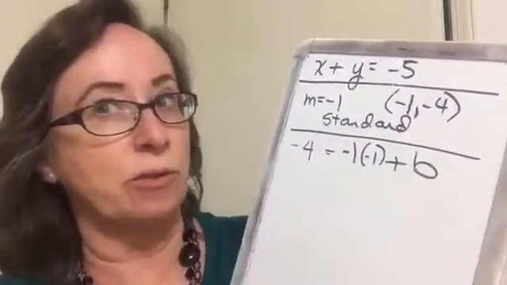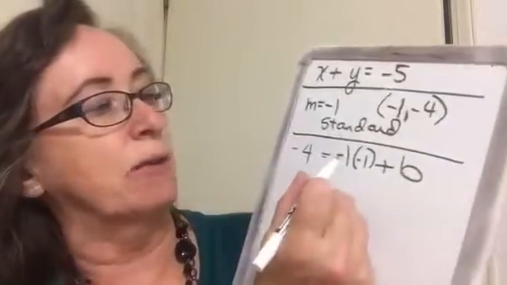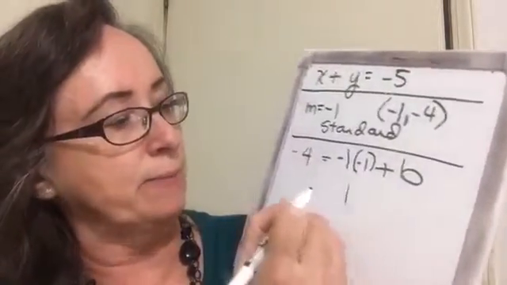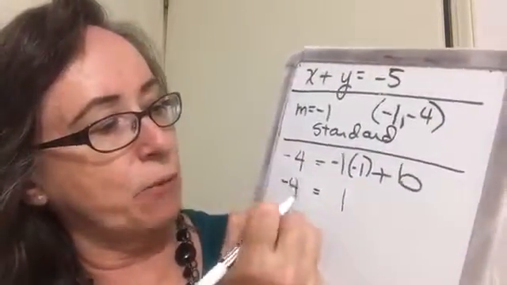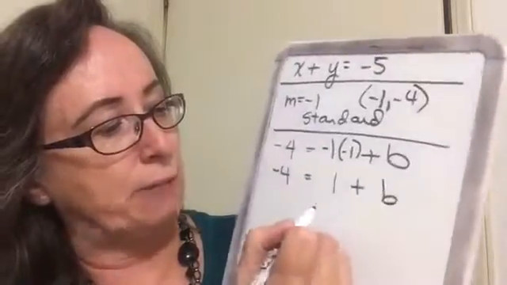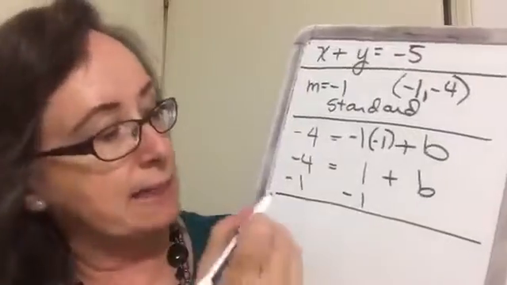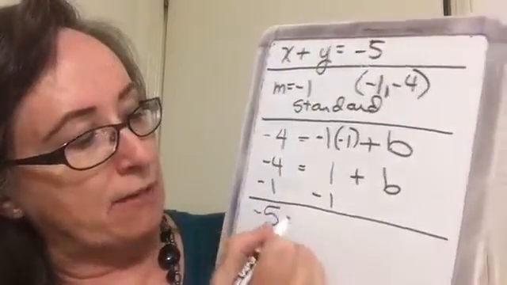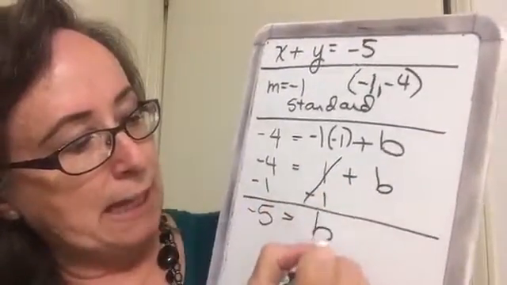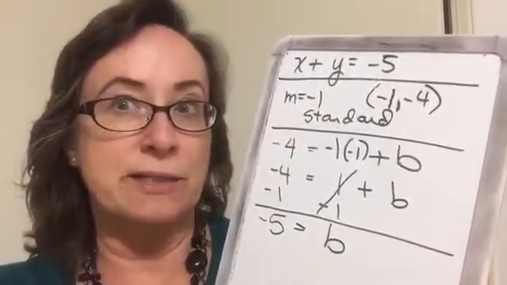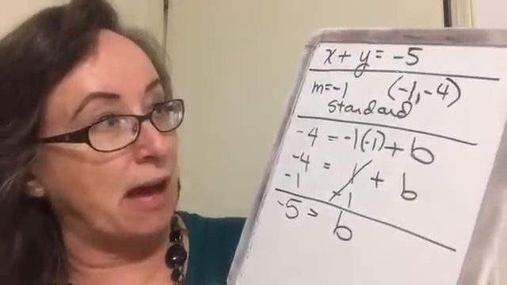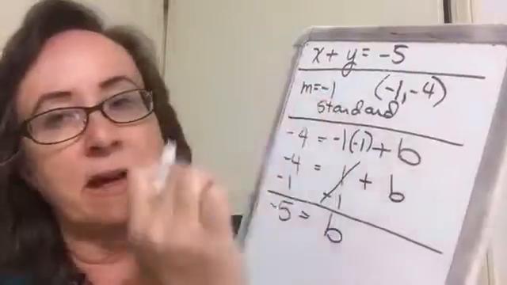Now we're going to crank it around and see what happens. So -1 times -1 is 1. And so we get -4 is 1 plus b. And if we subtract 1 from both sides, then we get -5 is b. So my y-intercept is -5 to make this true.